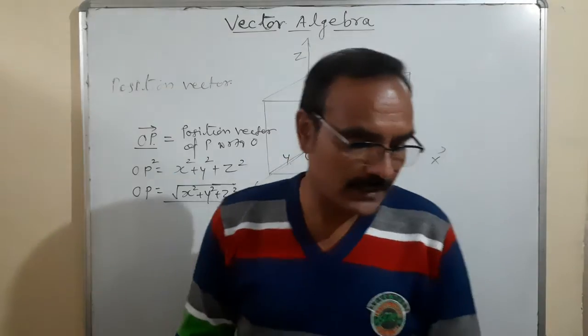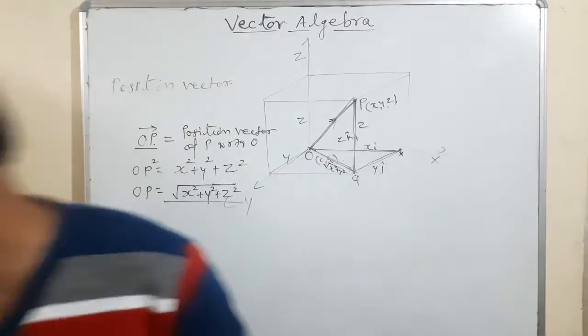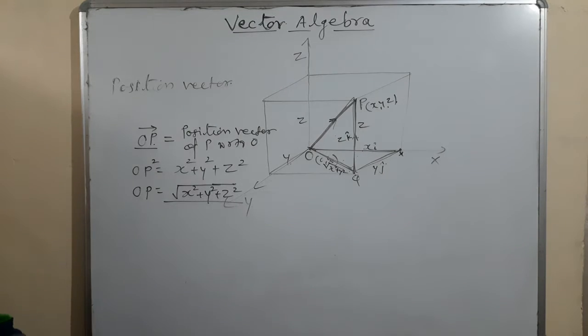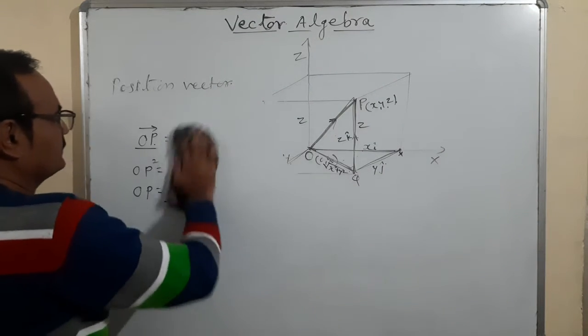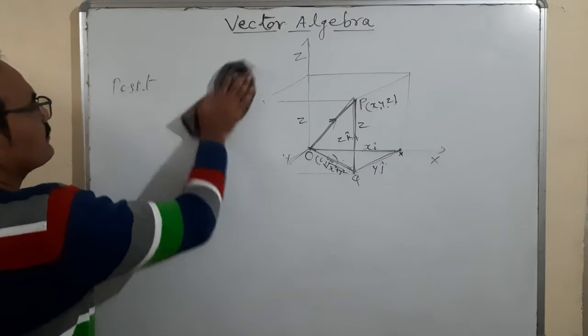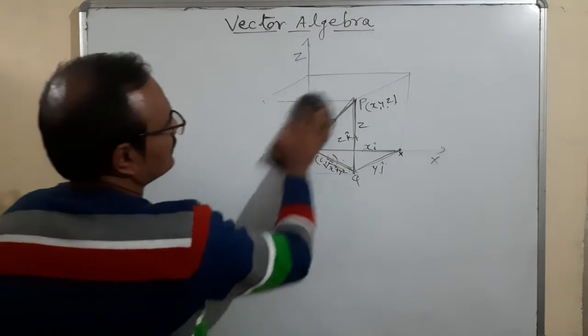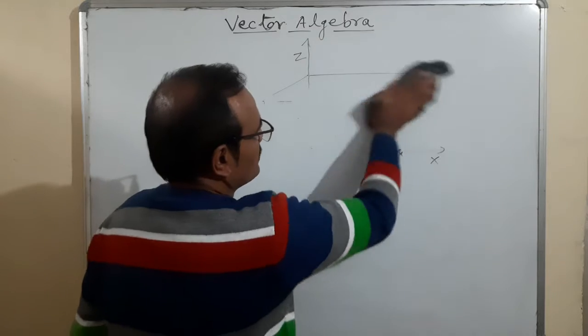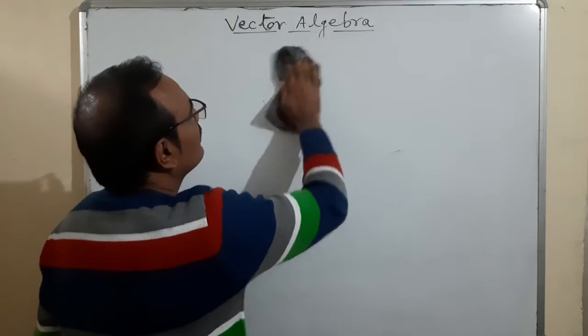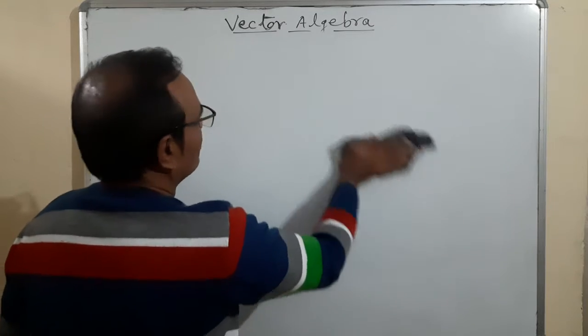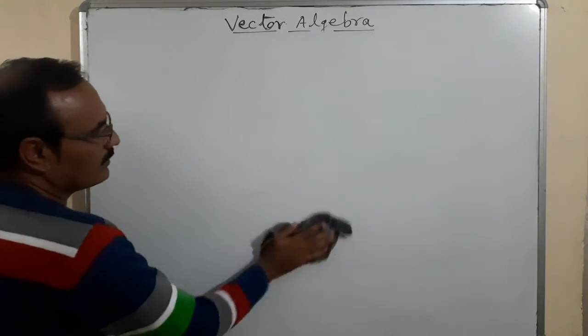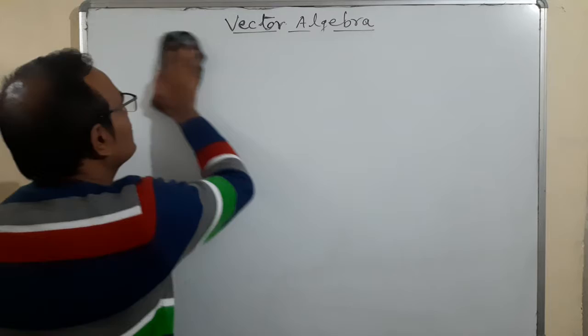Right. After that it comes direction cosine. Next is direction cosines. I will explain the direction cosine in the same diagram. Once again I am making a diagram. Direction cosines and direction ratio, there are two things.